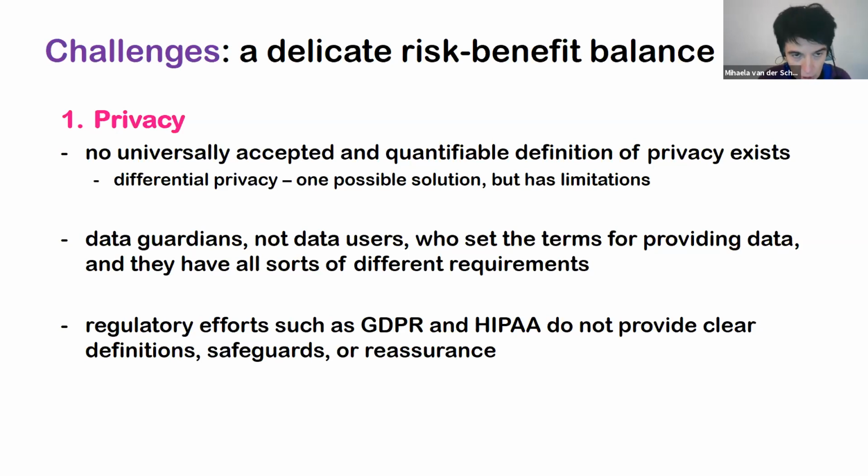One possible solution that is often used in my community, the machine learning community, is that of differential privacy. But this is one possible solution and has limitations of its own. I'm not going to discuss them today, but at the end of this talk, I'm going to say how you can engage with us and how you can learn more about some of these alternative ideas.